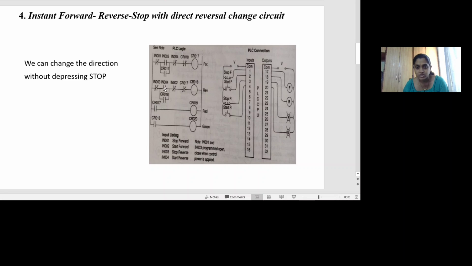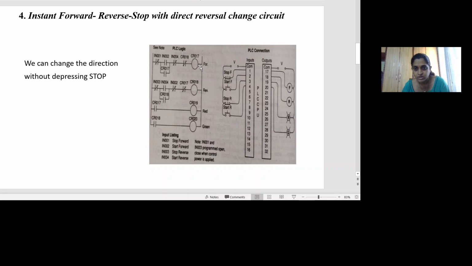Once I energize this contact, this contact will be closed, and this 03 contact is already closed by default. When I energize 04, this will close, and similarly IN002 is already closed. Then we have the CR017 contact, which is driven by the output of the coil CR17.